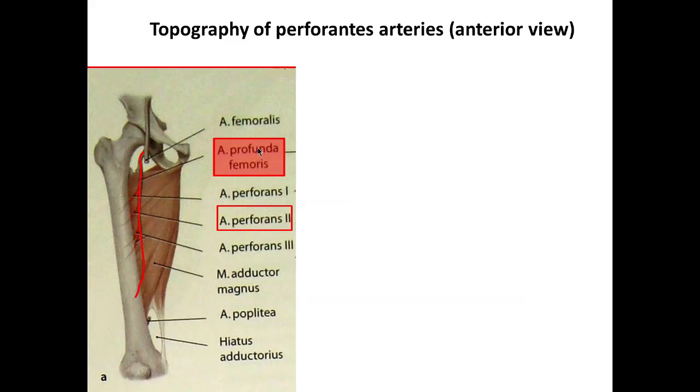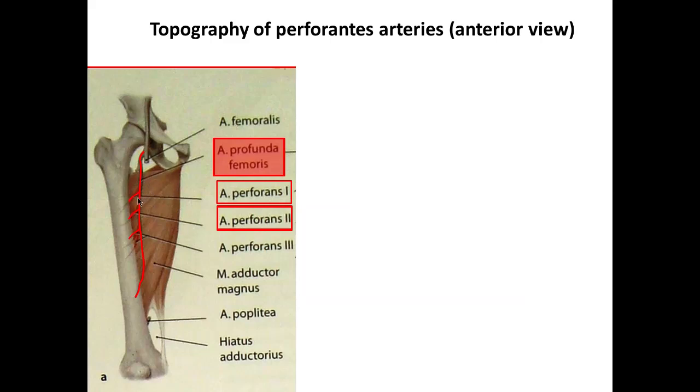Then, from it, we can demonstrate arteria perforans prima, arteria perforans secunda, and arteria perforans tertia. So three vessels go parallel to each other, and we can see here only one muscle.